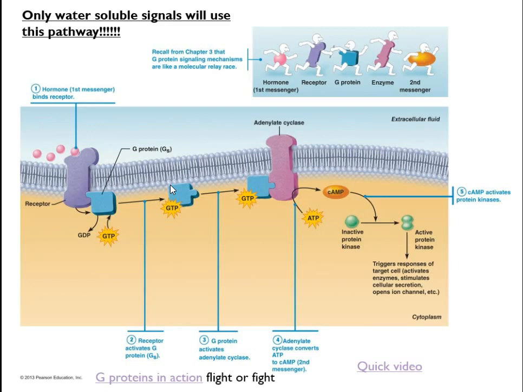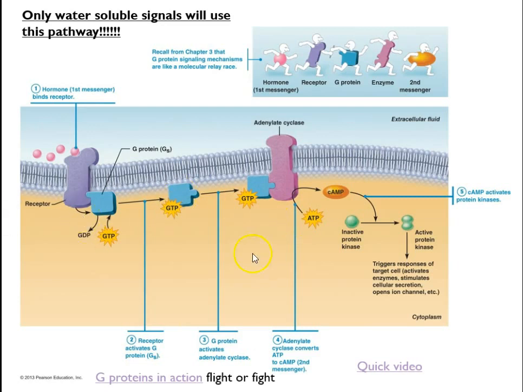So this sample right over here is going to be how G proteins work. This is going to be how cells that are made up of proteins and amino acids are going to work. So these are going to be our hydrophilic ones, the good ones.